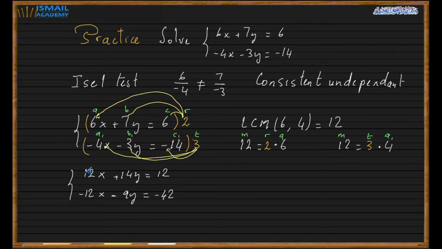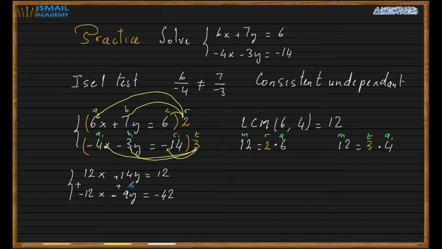Now you see the digits are the same, 12 here and 12 here, but the signs are different. If the signs are different, we add. If the signs are the same, we subtract. Here we have different signs, so we add.